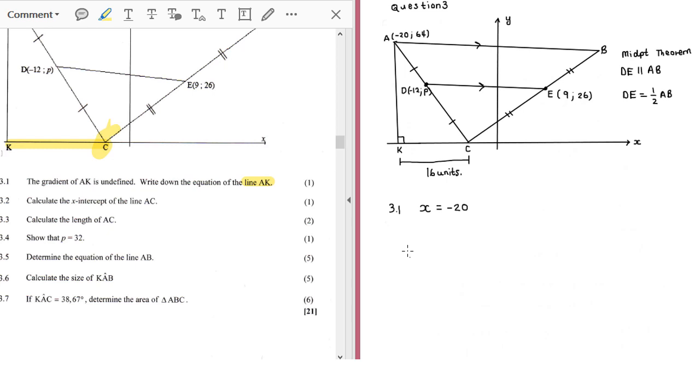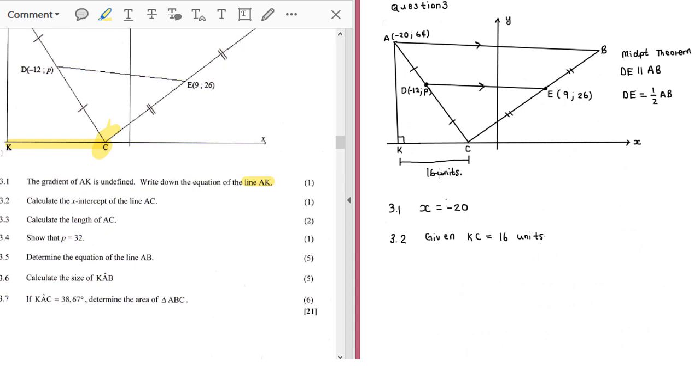Question 3.2 says calculate the x-intercept of the line AC. So there's the line AC. The x-intercept is that point C. So we just want to find out what the x value is here at C. We were given that the distance KC is equal to 16 units.